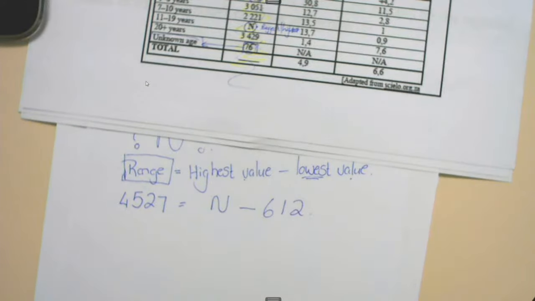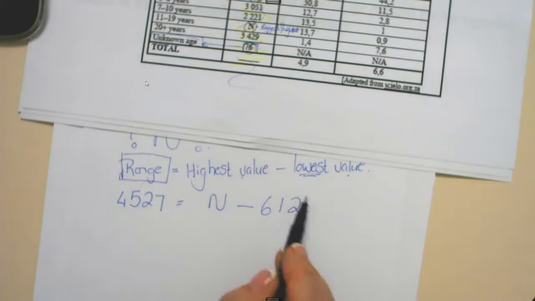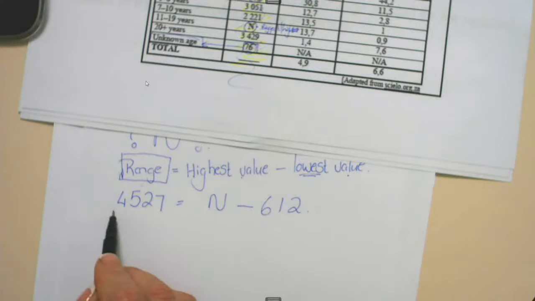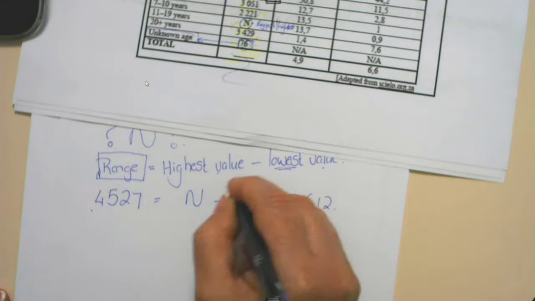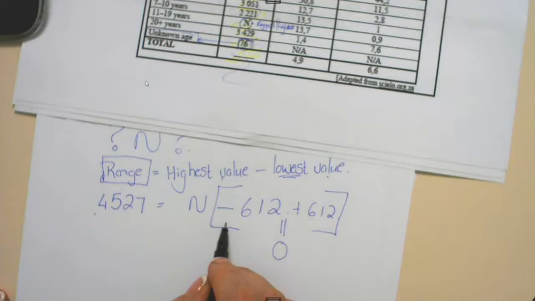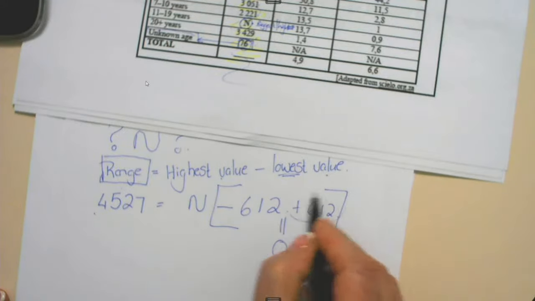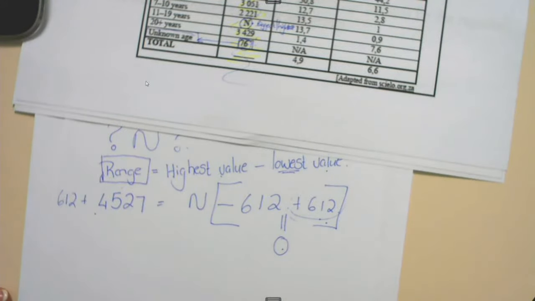So in the place of the lowest value here, I can write 612. Now it's easy. I need to change the subject of the formula. Whatever I minus on this side, if I go with this to this side, I need to add it. The reason for this is, if I add 612 here, this part will become 0. Minus 612 plus 612 is 0. But if I plus 612 on this side, I must plus 612 also on this side.